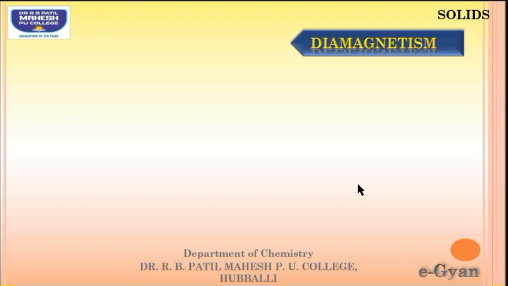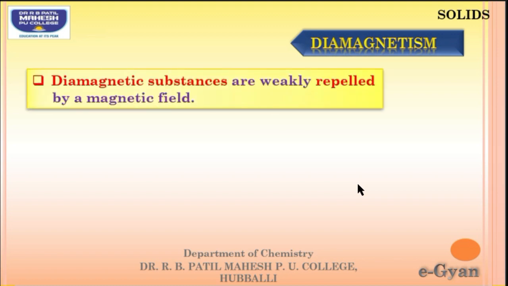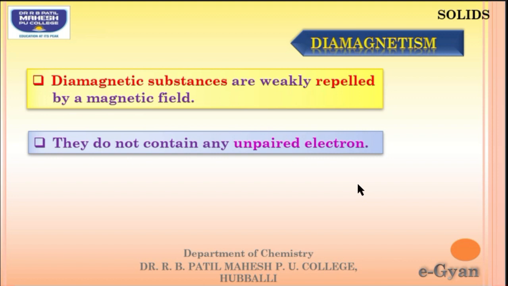First one is diamagnetism. Diamagnetic substances are weakly repelled by the magnetic field. If the substance is kept under the influence of a magnetic field, it will be weakly repelled, and such substances are known as diamagnetic, and they do not contain any unpaired electron.